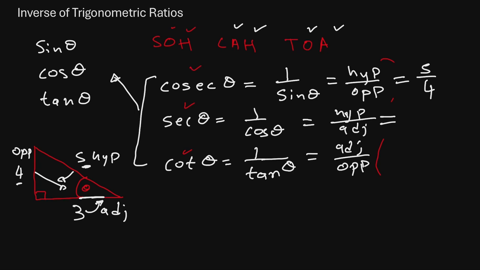The hypotenuse is 5 and the adjacent is 3, so it's 5 over 3. And then lastly, cot is the inverse of tan, so it is adjacent over opposite. Adjacent is 3, opposite is 4, so this will be 3 over 4. So that is how you would determine the inverse of the following ratios.